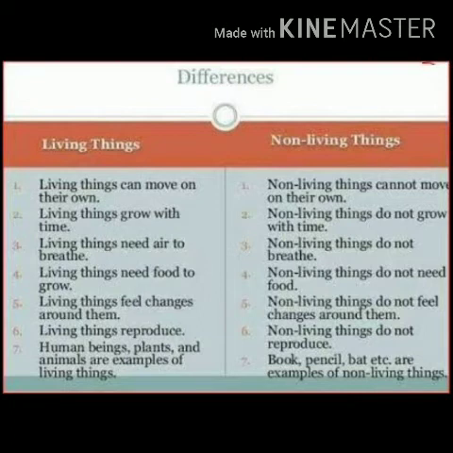Living things respire, they need food to grow, they reproduce, while non-living things don't show any of these functions. And to perform all these functions, the living organisms have different sets of organs. So these are some basic points on the basis of which you can differentiate between living and non-living.